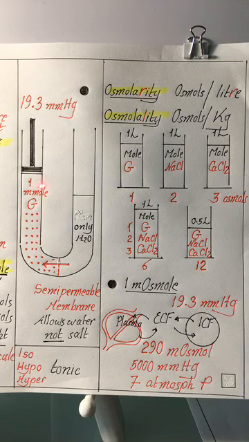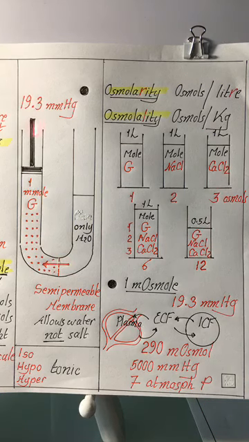I ask you a question. If we have 1 liter of plasma over here, think how much pressure we need to stop this osmosis. We will not have 1 only; we'll have 290 milliosmoles.